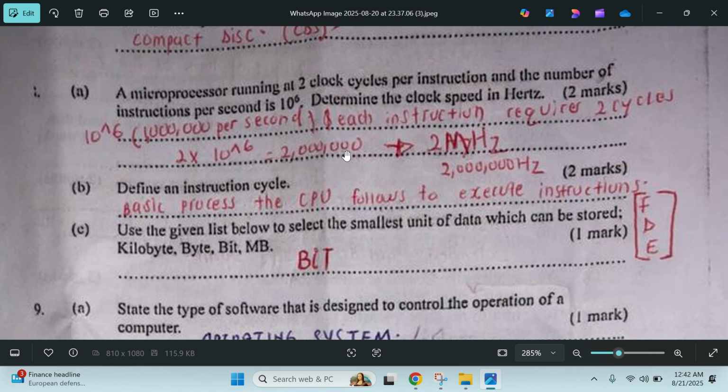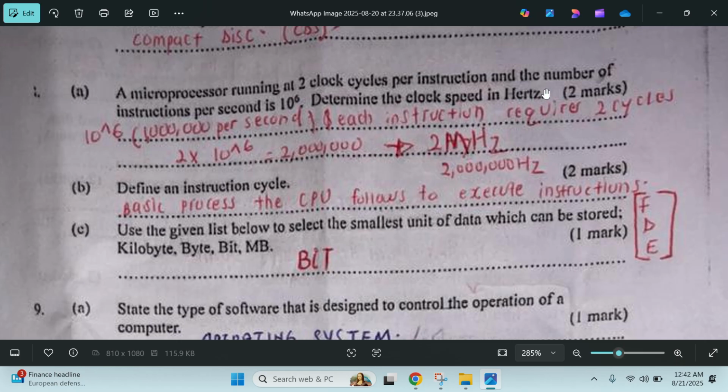I got 2 million. But the question required hertz. I got 2 times 10 to the power 6, so 2 million hertz.